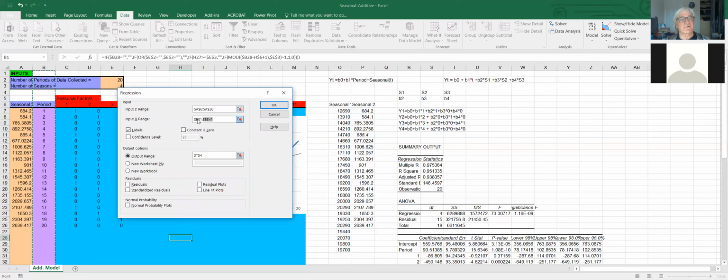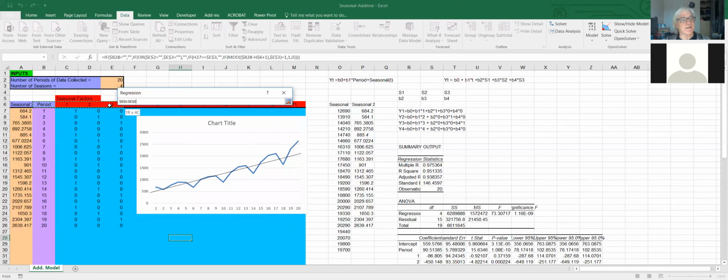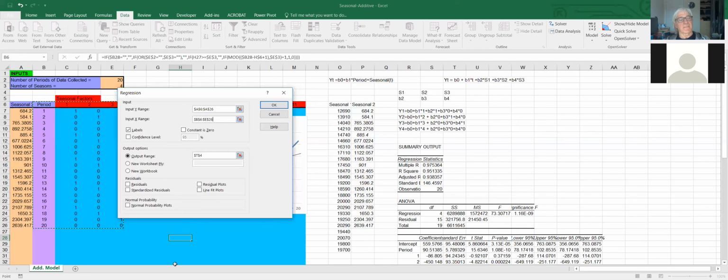X is all the range, time plus seasonal dummy variables. Everything is selected. All of them are the X range. And labels were selected. And I want the output here. It will cover what we have right now.